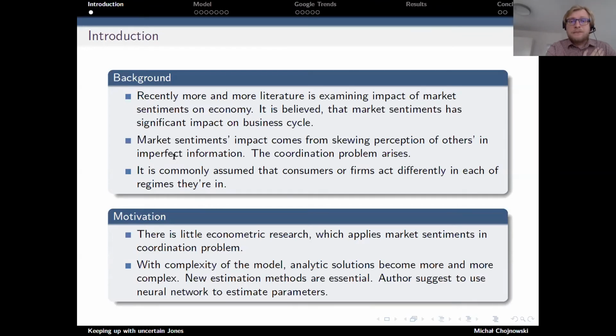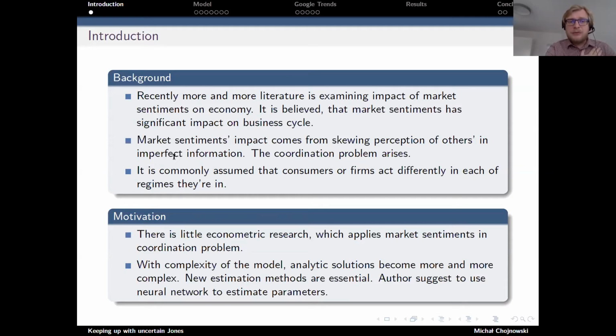And the literature has looked closer into the market sentiments, so how the market sentiments can affect both the economy and the market. And it has found out that those market sentiments impact the business cycles significantly.